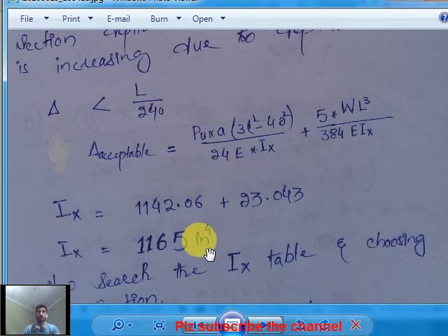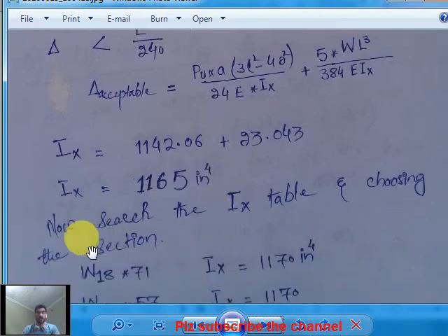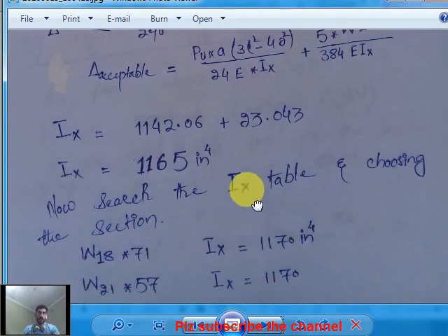Okay, so here they say now search the IX table and choose the section. You have two options, W18x71, that is IX 1170, and W21x57, that is 1170. So you have two options, go for what you want.